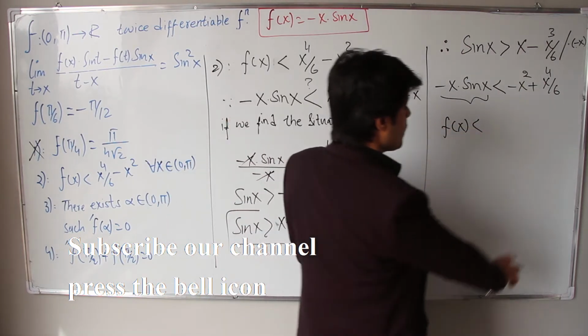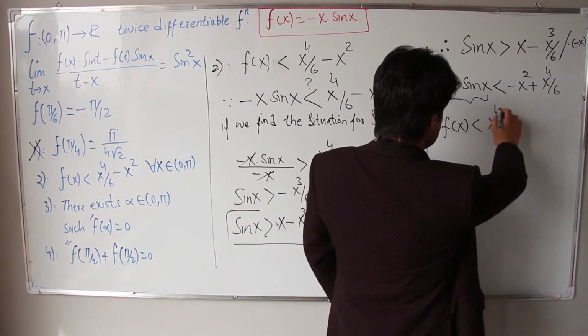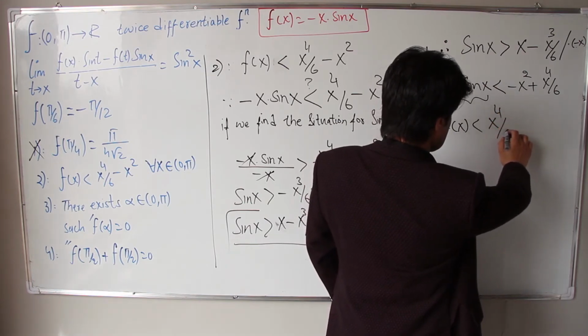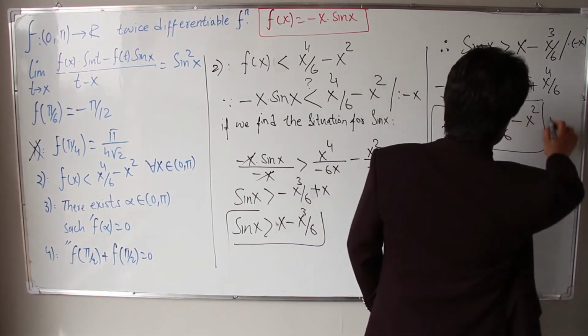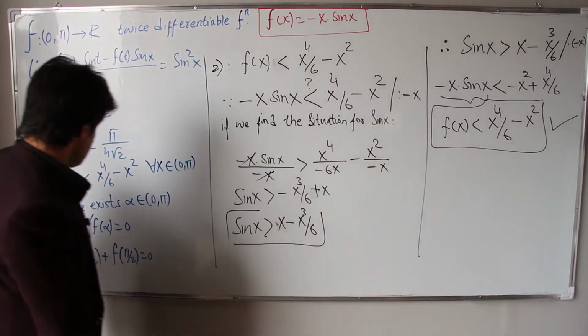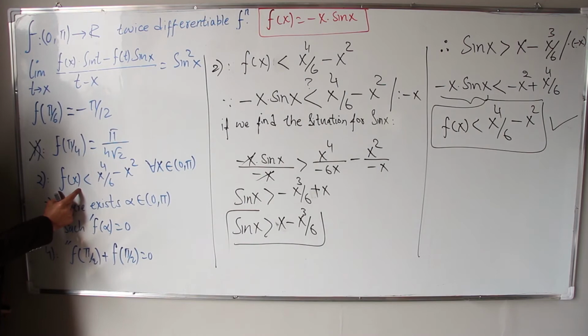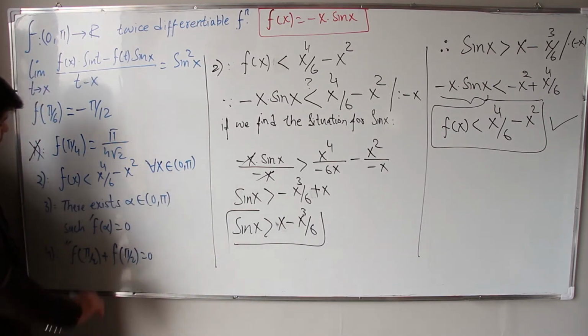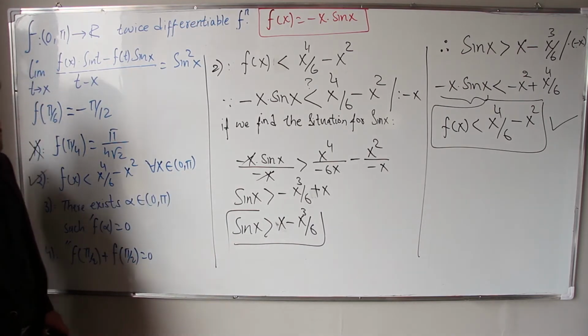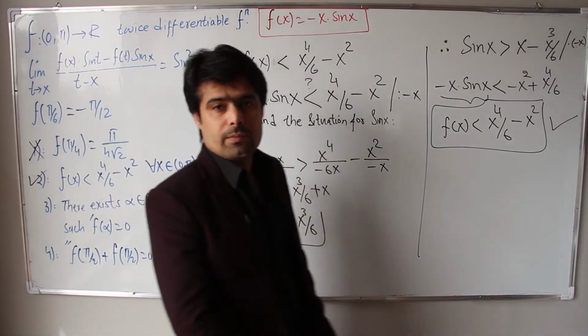Smaller than, I will write this one first, x to the power 4 divided by 6 minus x squared. It means we found this situation which satisfies. From where? From 0 to pi. So number 2 answer is the correct one. Write it please.